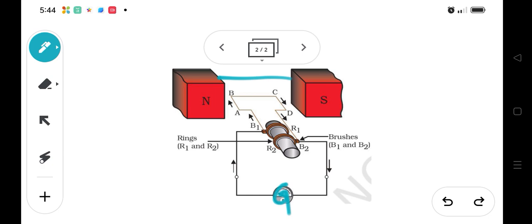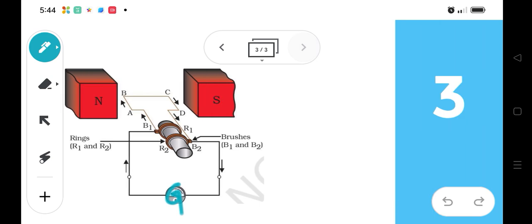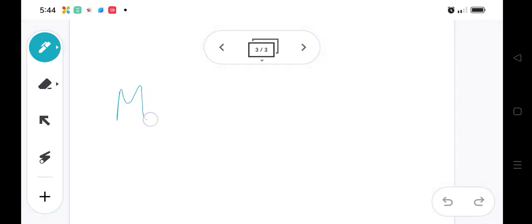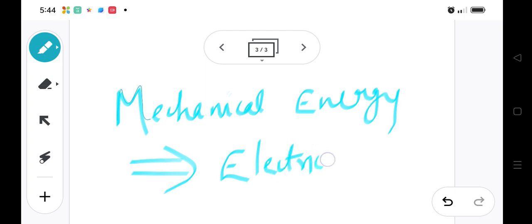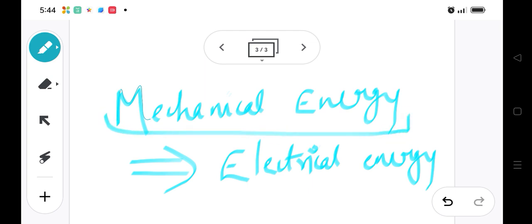We are providing mechanical energy, and as a result, we get electrical energy, that is electricity that is induced. Electrical energy is generated in a generator. That's why it's named generator. So the input is mechanical energy and the output is electrical energy.